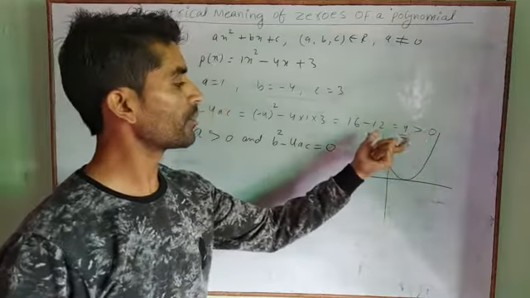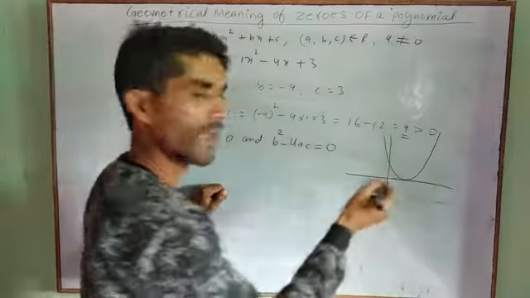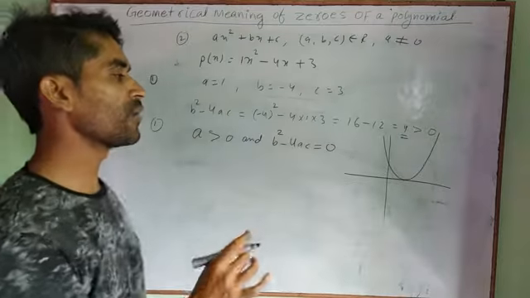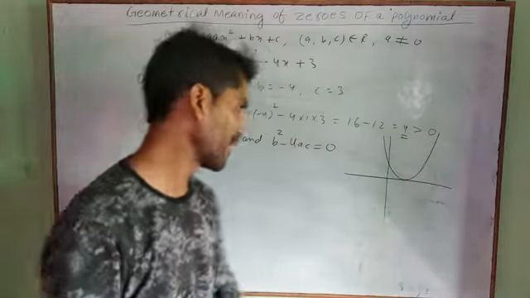That is why this type of polynomial will have only one zero.